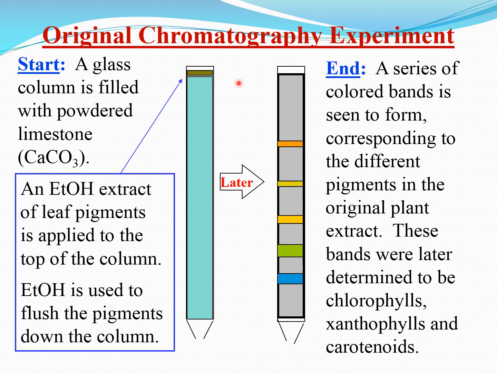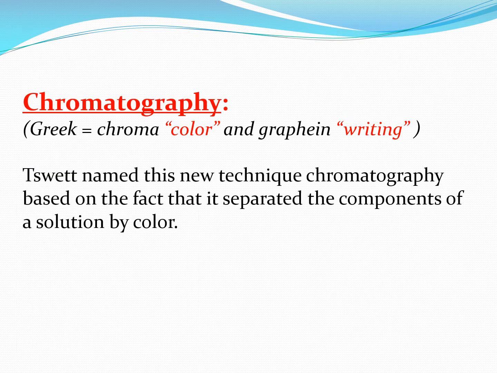He left it. By time, this extraction of the pigments from the plant separated into different pigments and different zones. Each zone has its different color, and hence he could extract the different pigments and its zones. He called this technique chromatography, which is a Greek word. Chroma means color and graphein writing, writing in color.